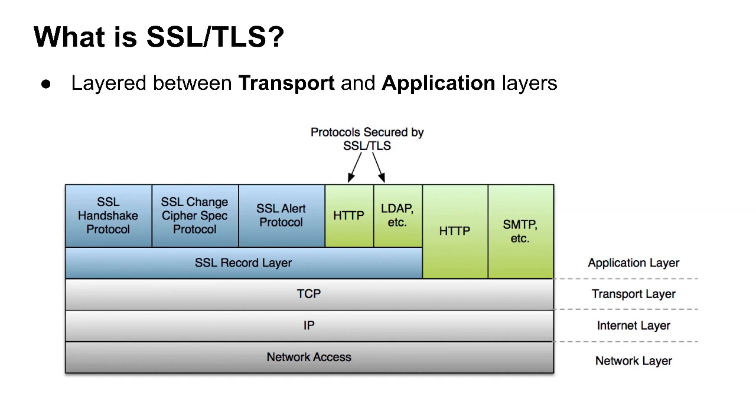The green boxes here are examples of application protocols that can sit on top of SSL and TLS, or if they're just sitting on top of regular TCP/IP or the transport, they would just be the unsecure version. For example, HTTP versus HTTPS. And here we have TCP/IP underneath, but it can be different transports as well.